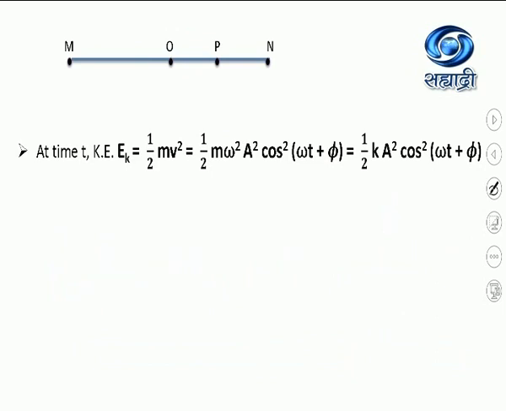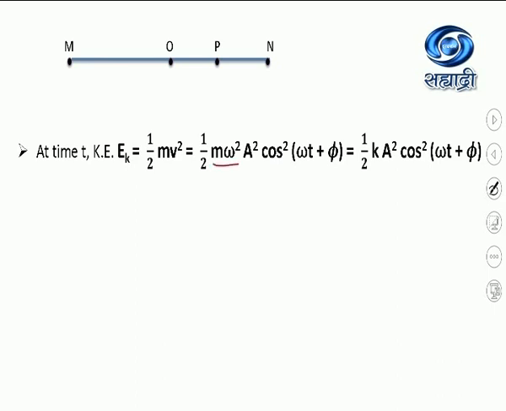If we want to find the kinetic energy at time t, then the kinetic energy expression half m v square can again be used. The only difference is that the velocity is substituted in terms of time. So half m as it is, then we substitute a omega cos of omega t plus phi. Squaring that, we have half m omega square a square cos square of omega t plus phi.